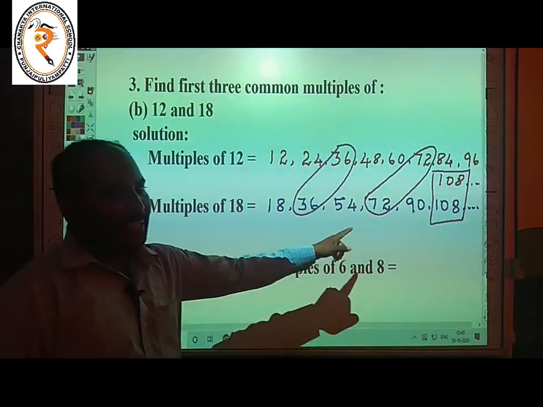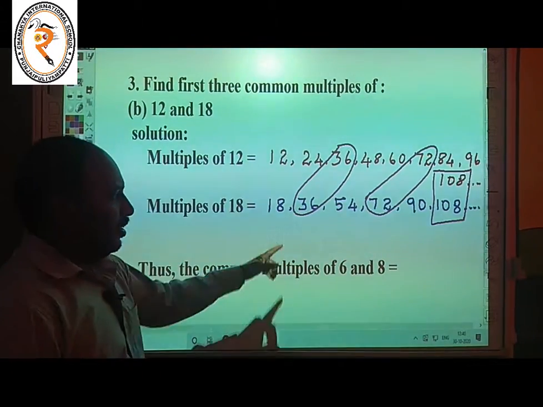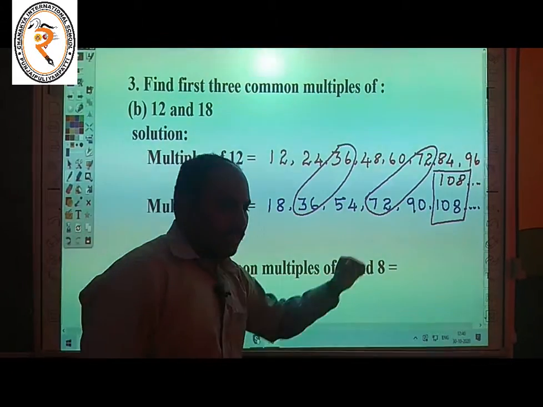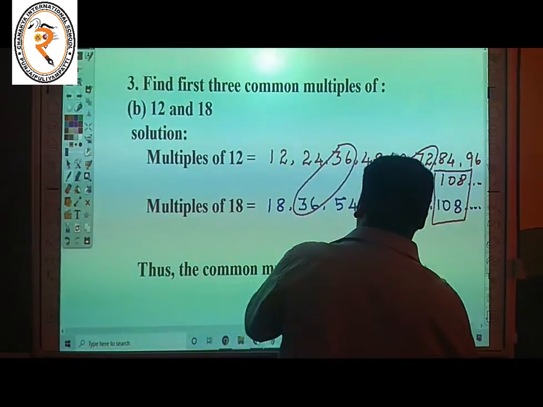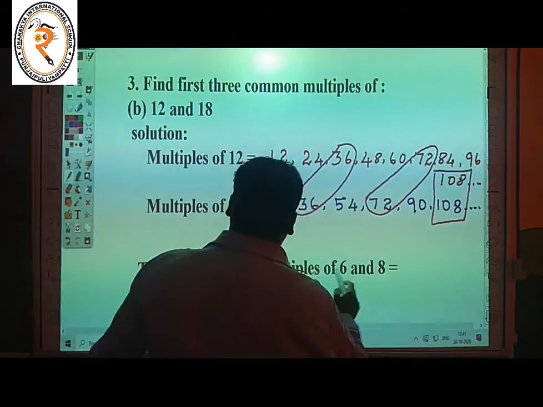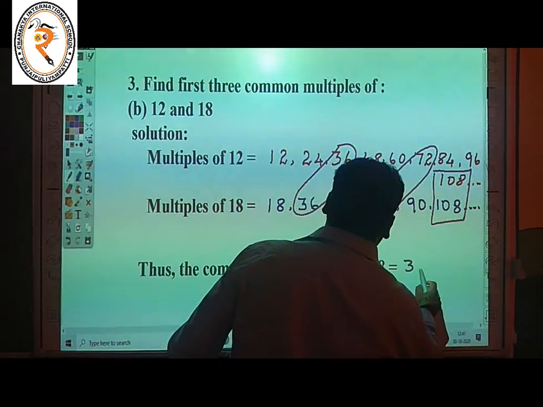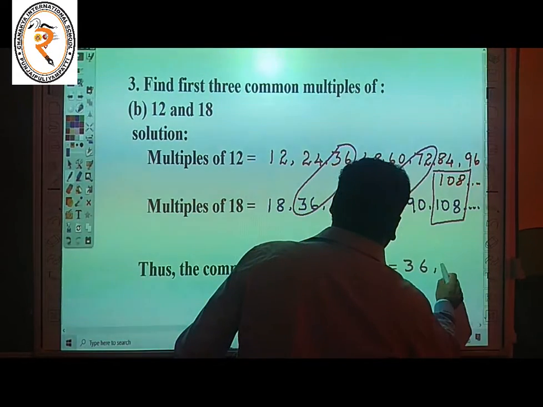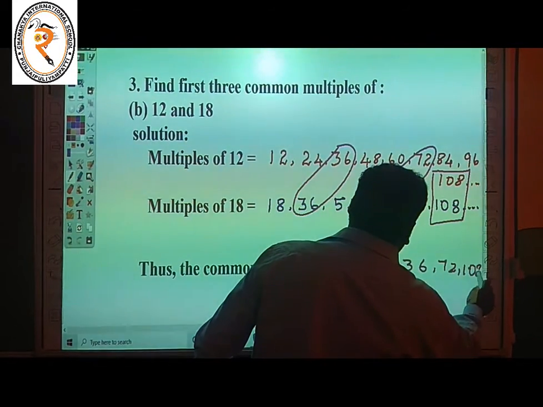So first three common multiples: 36, 72 and 108. Thus the common multiples of 12 and 18 is equal to 36, 72 and 108.